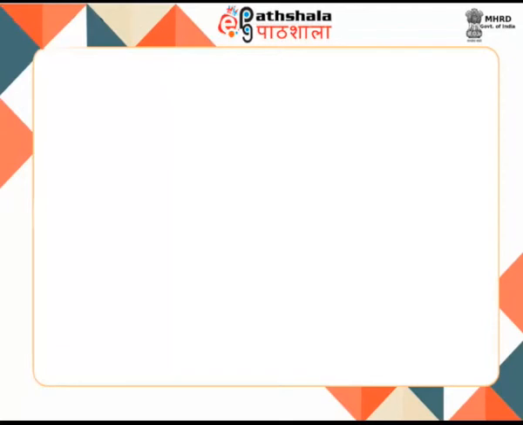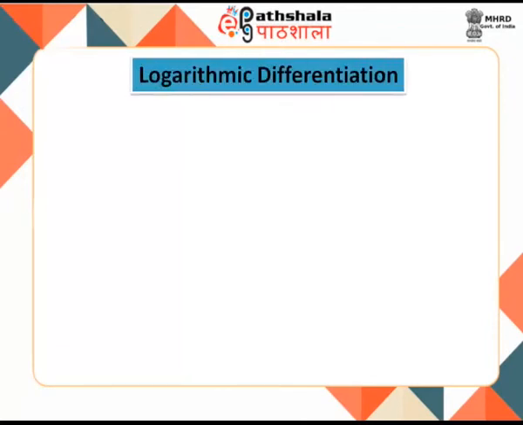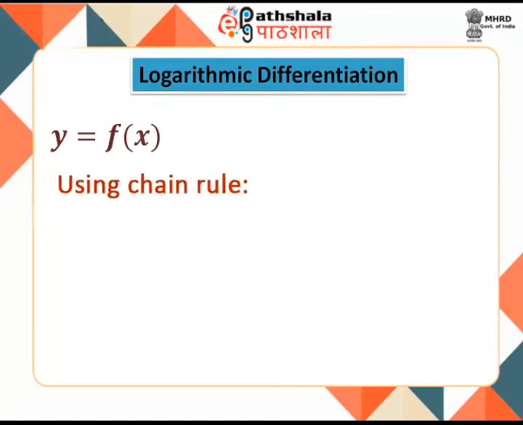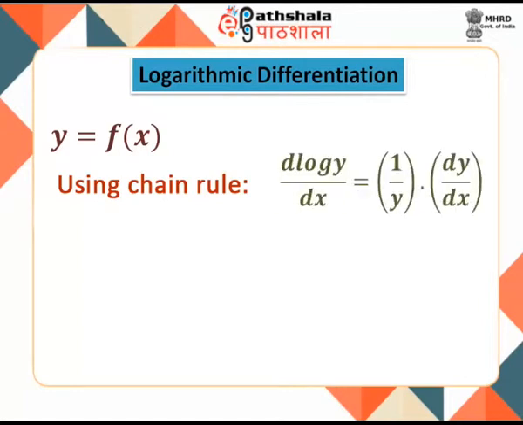Next is logarithmic differentiation. If y is equal to f of x is a differentiable function of x, then by using chain rule we can write d log y by dx equal to 1 by y into dy by dx.